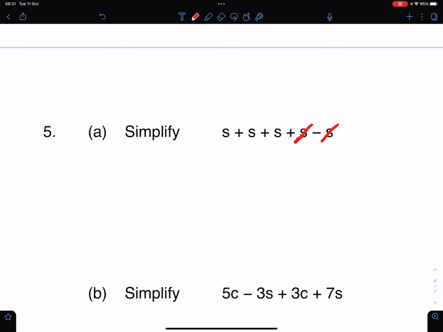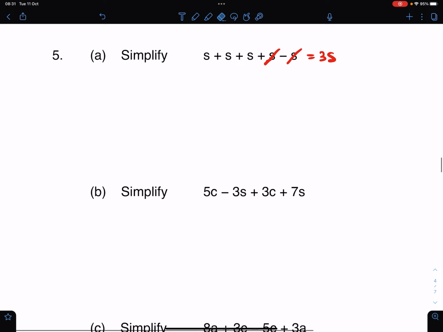So how many s will be left over after cancelling out? The answer will be 3 s's. If you do it the way we are used to, s plus s plus s plus s is 4s, minus s is 3s. But it's better to simplify when you have two of the same letter with opposite signs, plus s minus s.